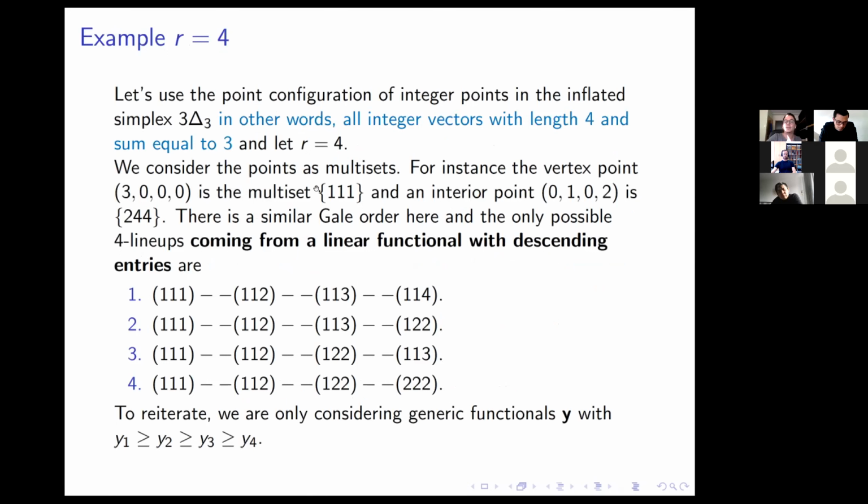So it could be like 3 on the first coordinate, 0, 0, and we consider basically all possible integer vectors with, let's say, length 4. So we have 4 slots, and the sum of them is equal to 3. So let's say that you have 3 particles, and they have to accumulate, but they can accumulate in many ways. It can be 3, 0, 0, 0, or 0, 1, 2, 0, 1, 0, 2, or 0, 1, 1, 1.